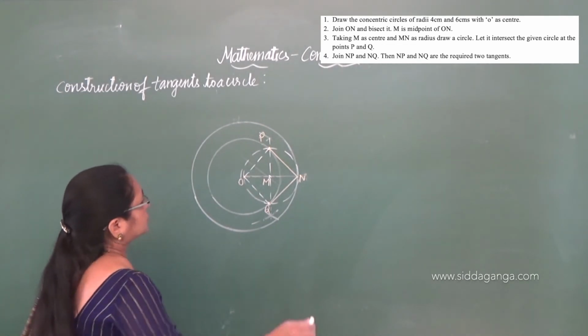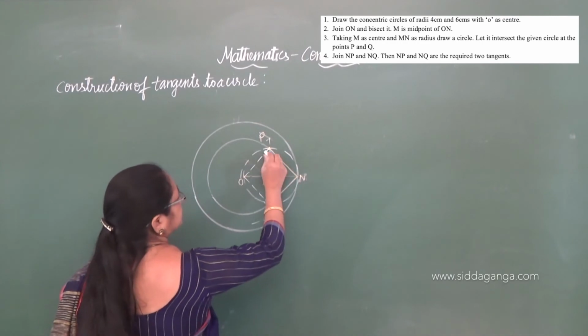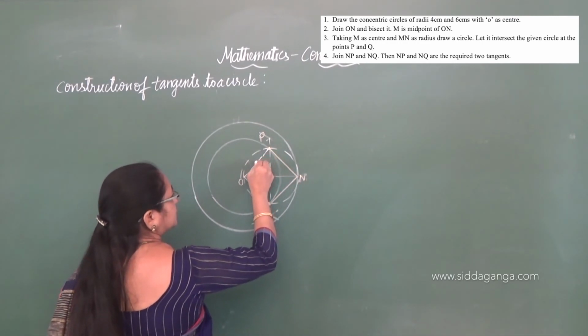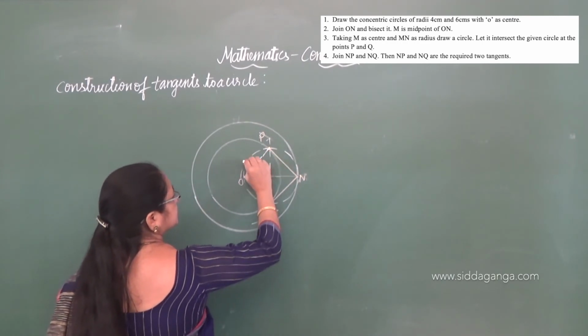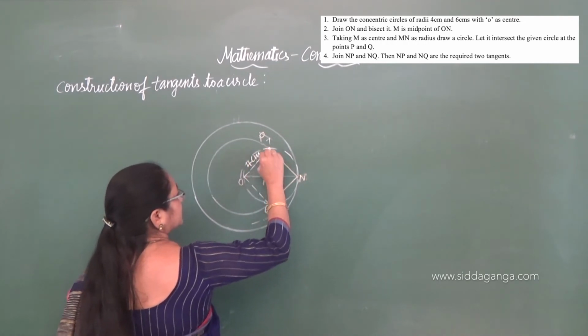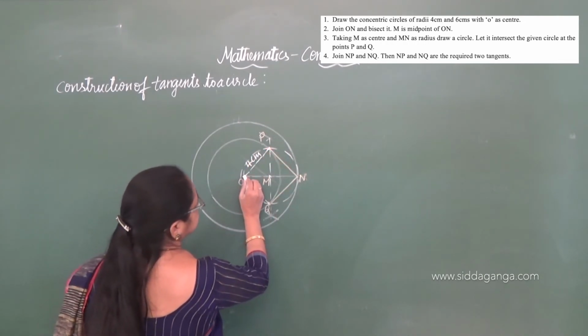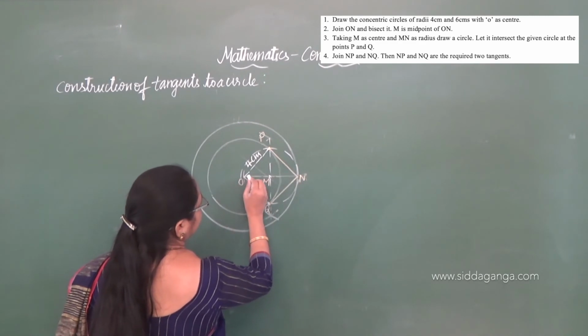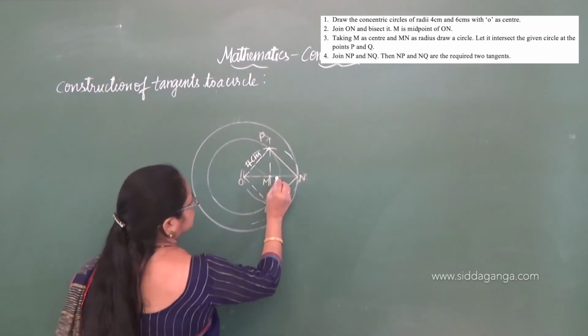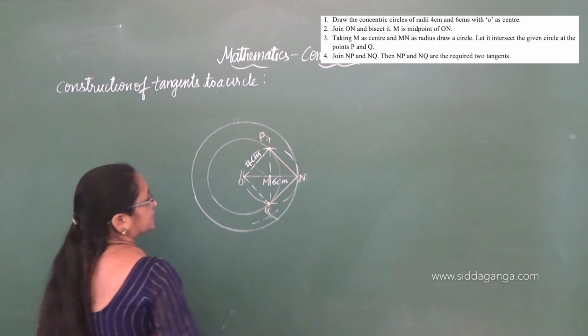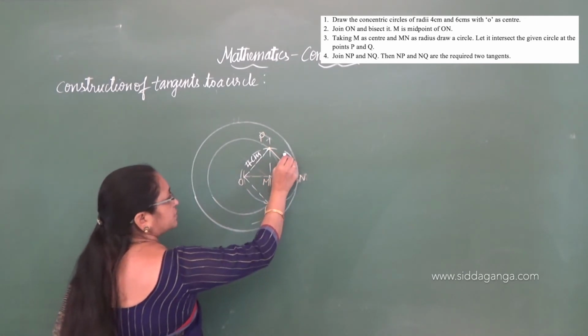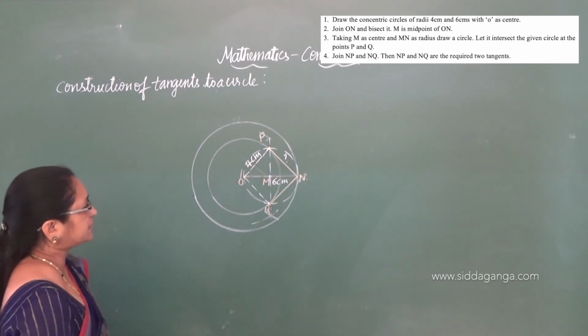Okay, and now they have asked you to calculate, correct? So this is the radius, this is 4 centimeter, and just observe this one, this is the radius of the bigger circle, so it will be 6 centimeter, correct? And can't you find out PN?